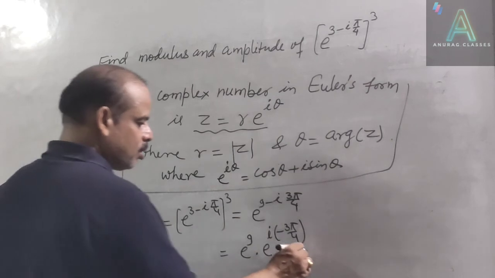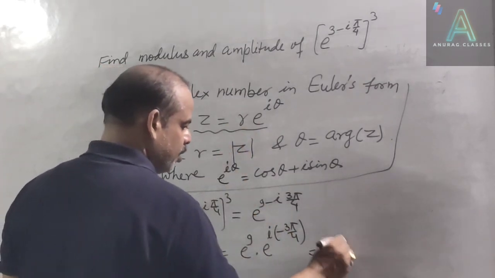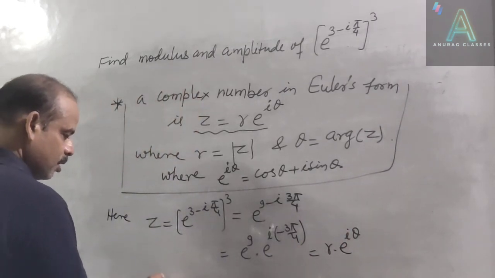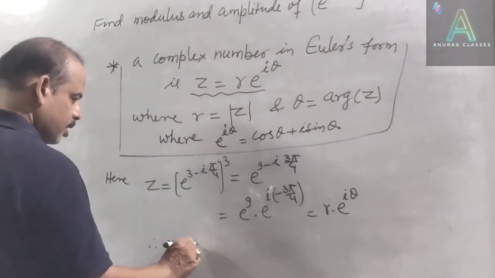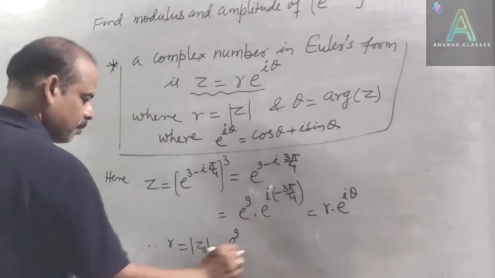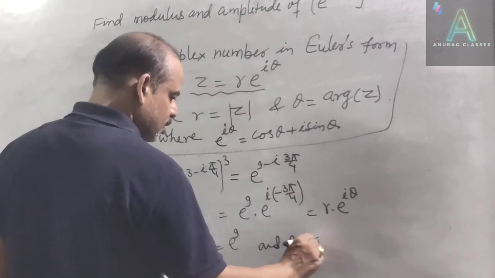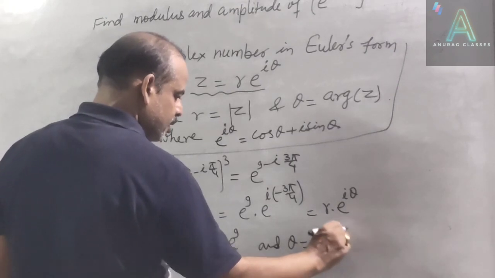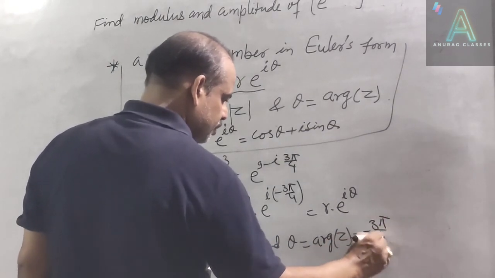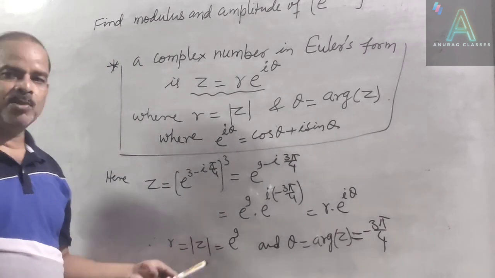Compare this relation with the relation in Euler's form, that is R into e to the power I theta. We conclude that the value of R, that is modulus Z, is nothing but e to the power 9, and value of theta, that is argument Z, is nothing but minus 3 pi by 4. So minus 3 pi by 4 is the argument and e to the power 9 is the modulus.